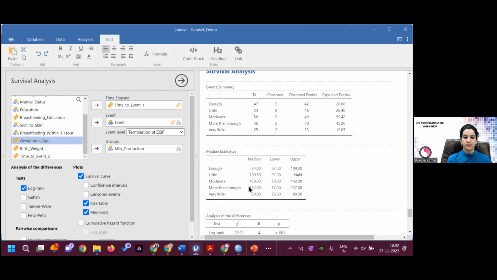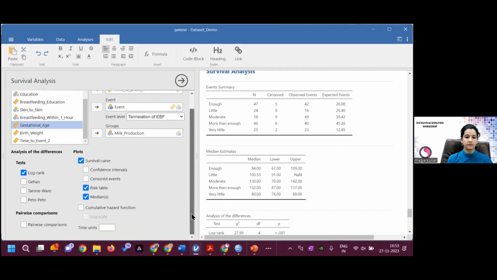Here you can see that the ladies who had milk production which is more than enough, there the cessation of exclusive breast milk happened at 132 days. So it was the largest among all. And similarly, you can do the pair-wise comparison.